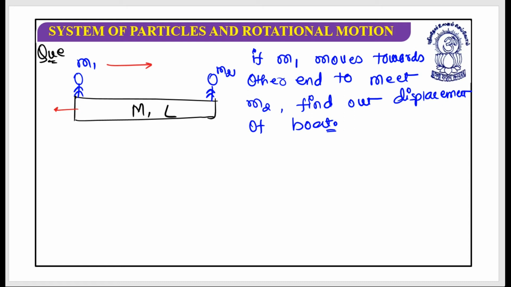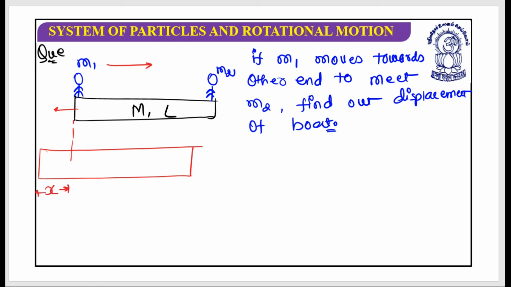No external force is acting on the system, so the person is moving in the forward direction and the boat is moving in the negative x direction. This was the initial level and this is the final level. This is the displacement of the boat.